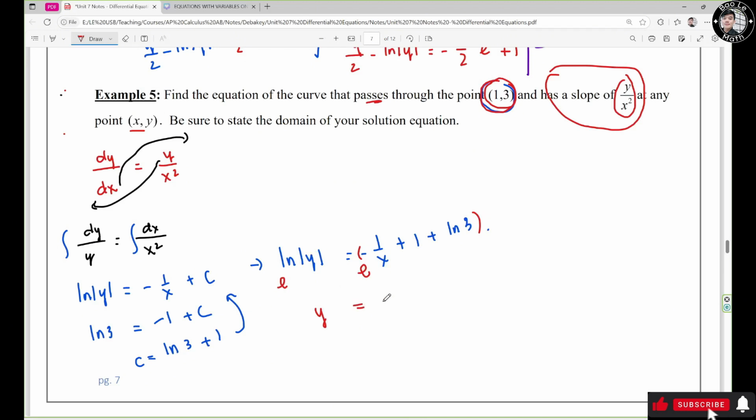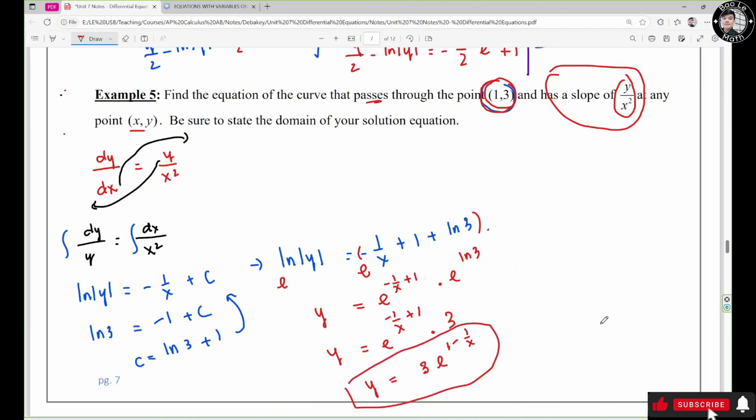This guy turns out to be e raised to the negative 1 over s plus 1. And you have the plus sign here, it's going to be multiplied by e raised to the natural log of 3, right? So y equals e raised to the negative 1 over s plus 1 times 3, right? y equals 3 times e raised to the 1 minus 1 over s. This one is the final answer.